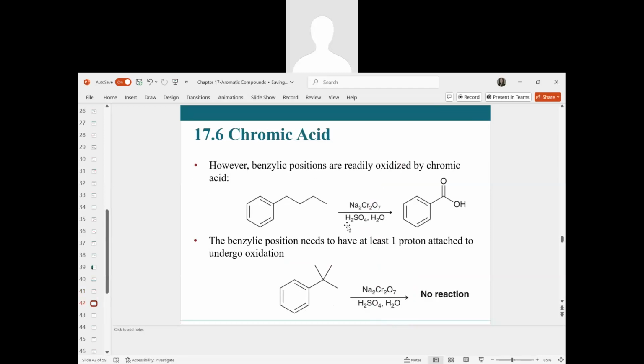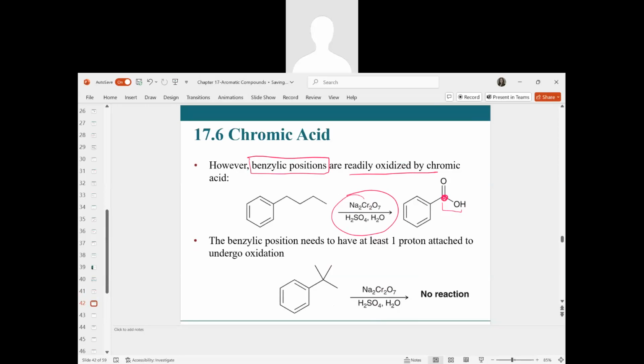But if we have a substituted benzene and we have that benzylic position available, they are readily oxidized by chromic acid. So again, we use these reagents to prepare chromic acid, and we can oxidize the benzylic position here. So we have this carboxylic acid generated here by oxidation at the benzylic position.